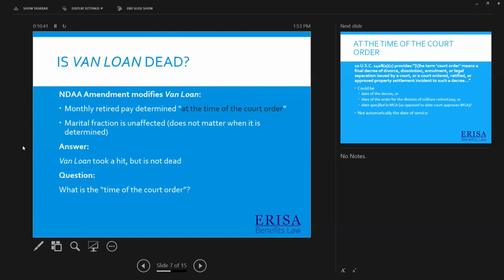So again, back to you've got a service fraction and you've got a pay portion of the retirement. The only impact here is really on the pay. It's not on the marital fraction. If you think about the marital fraction, if the pay stays the same, it doesn't really matter when we determine the marital fraction, whether we determine it at the time of the divorce or after the person's accrued more service, because the fraction itself will always yield the same number.